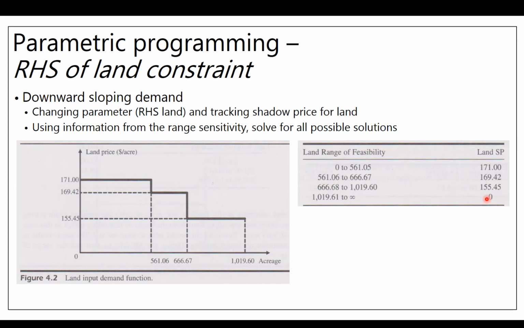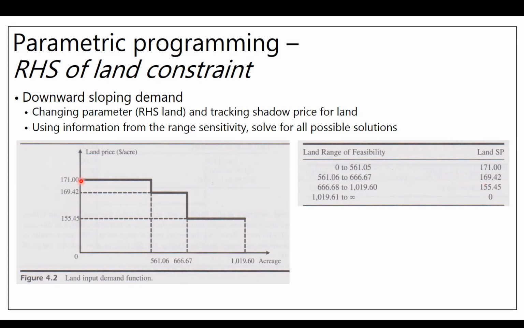So if we were doing a nonlinear model, right, a smooth, continuous model, the land price and acreage relationship would be some kind of curve, or could be a straight line, I guess, but it would have some kind of curve to it. But in this case, we're only able to generate a few different solutions because this model has corner points. And so this is what it looks like.